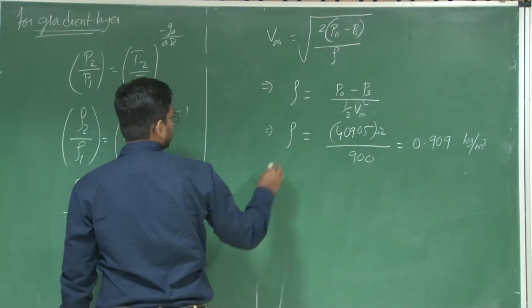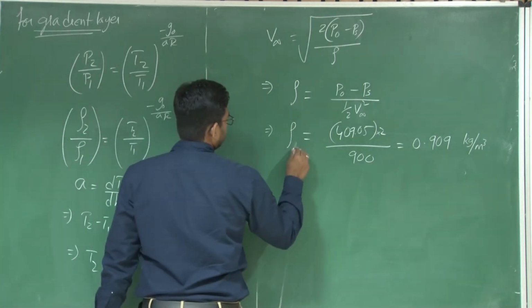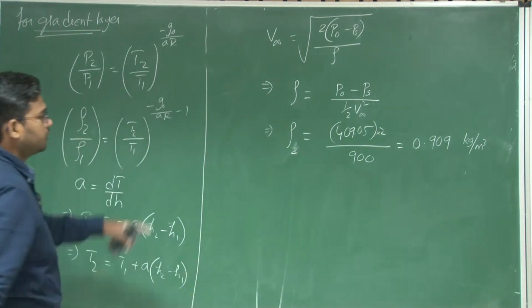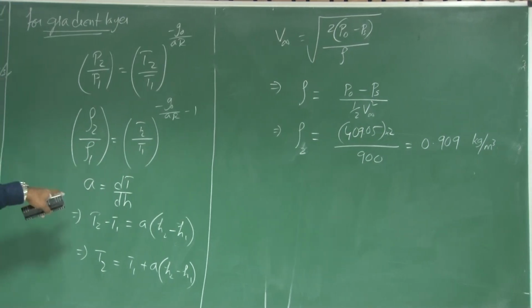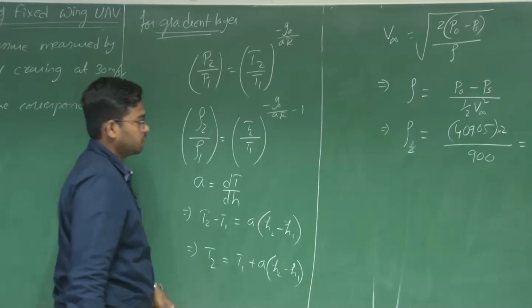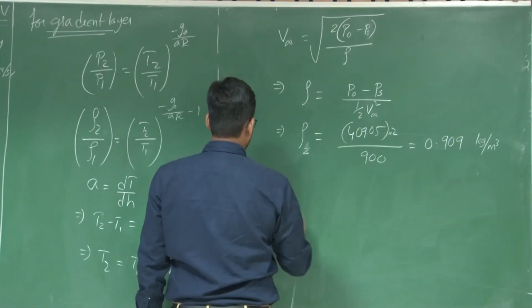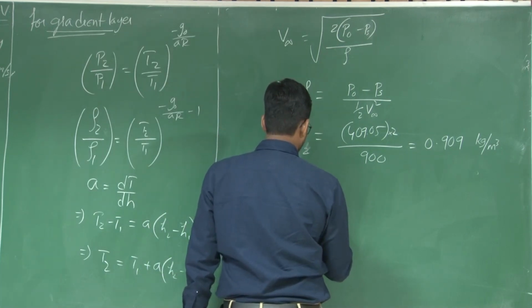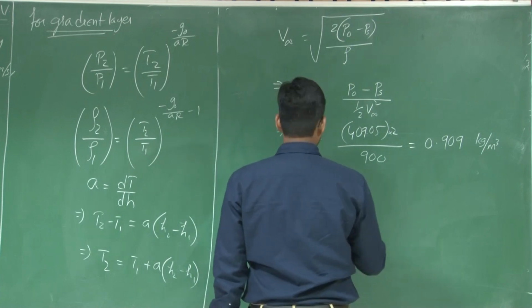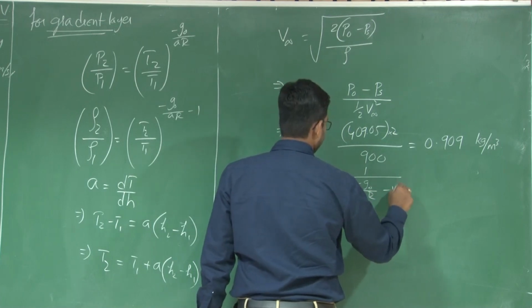Now I know the density at a height h, or say the density at the corresponding altitude of flight. Now using this relationship, T2 by T1 is equal to rho 2 by rho 1 raised to the power of 1 by (minus G naught by AR minus 1).